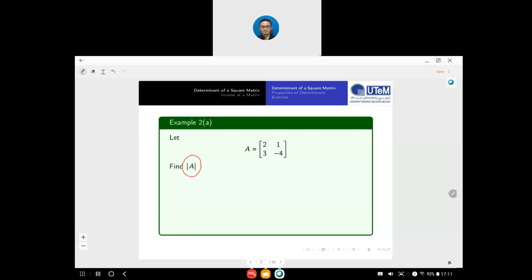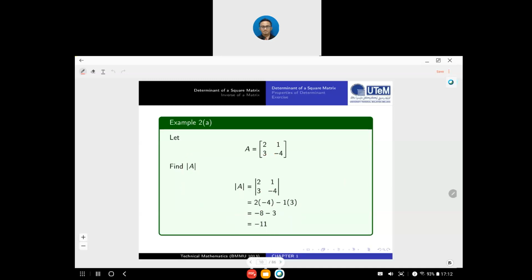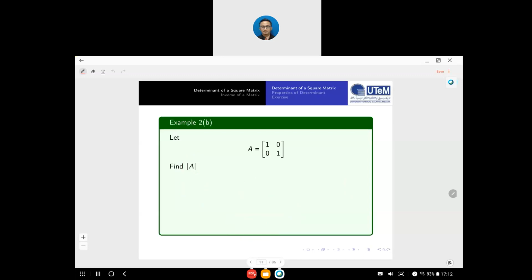You want to find the determinant of matrix A. So the determinant of matrix A is 2 times -4 minus the cross, 1 times 3. So you get -8 minus 3. So your answer is -11.